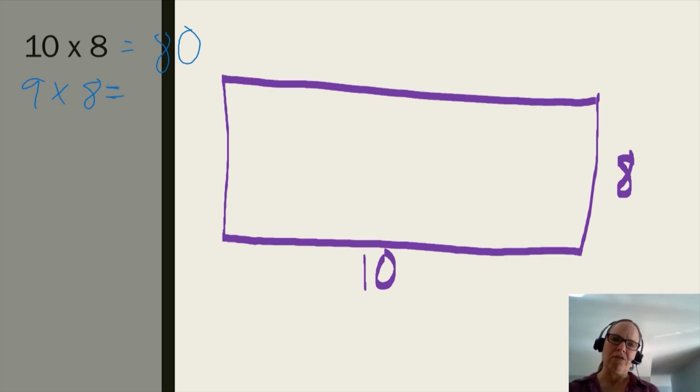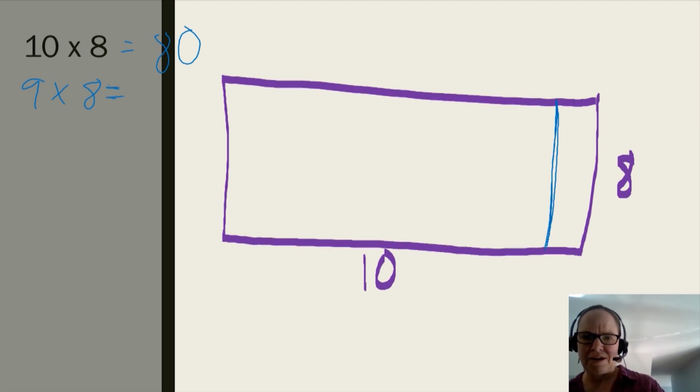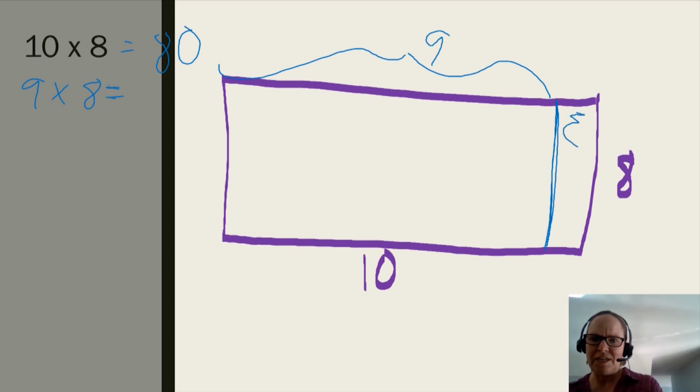Well, we know that 10 groups of 8 is 80. And so what is 9 groups of 8? So what happens if I take a group away over here, and now my new box is 9 groups of 8? How much is this shaded in spot for? We know that's a group of 8, isn't it?